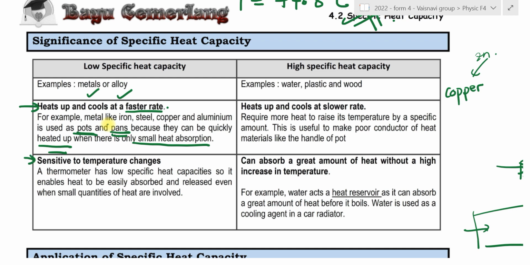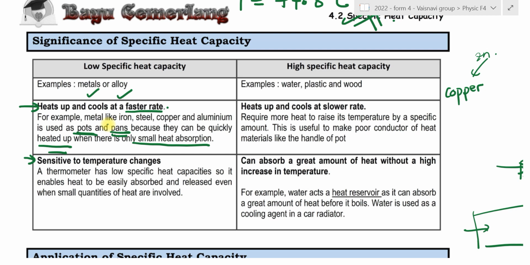They are also sensitive to temperature changes. A thermometer has low specific heat capacity, so it enables heat to be easily absorbed and released even when small quantities of heat are involved. For example, mercury inside the thermometer is very sensitive to temperature because it has low specific heat capacity.